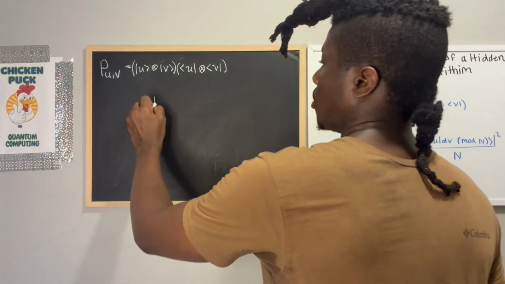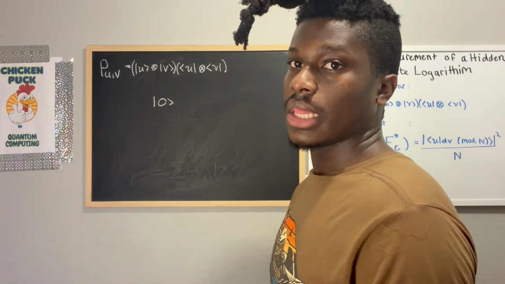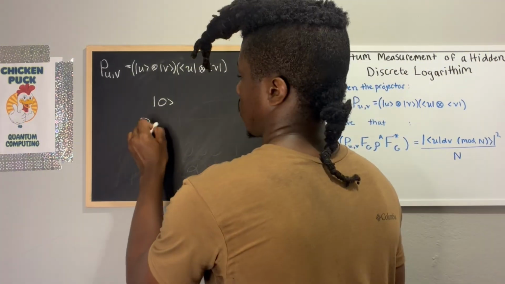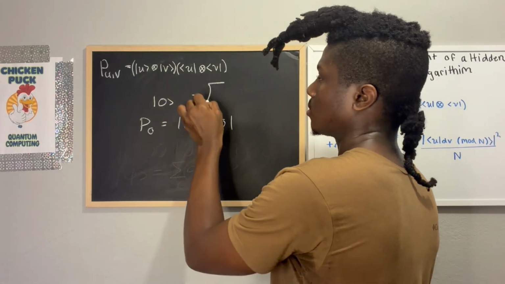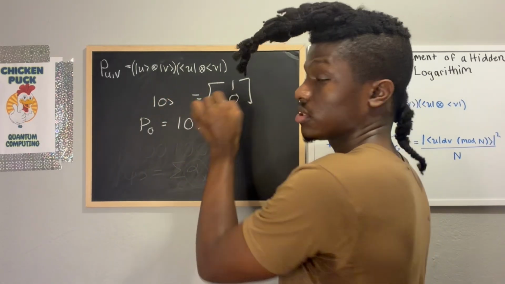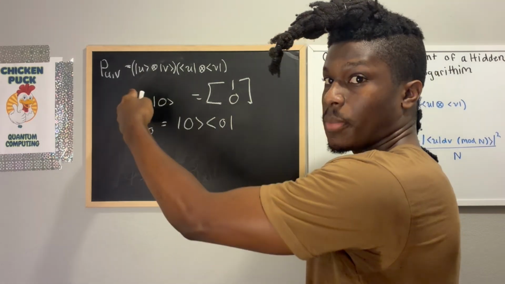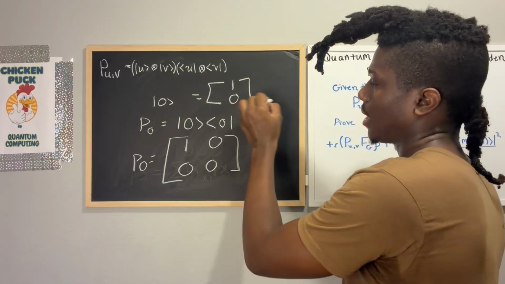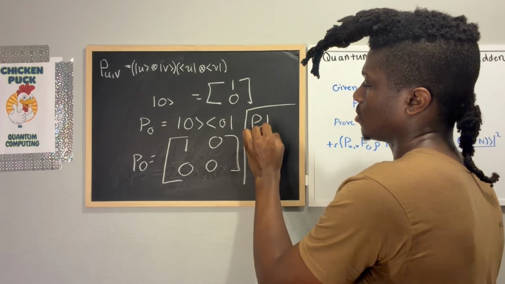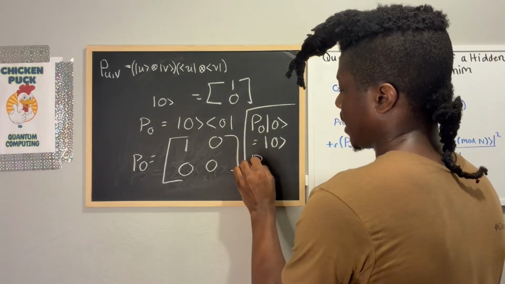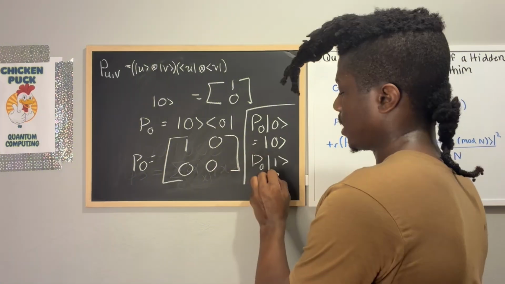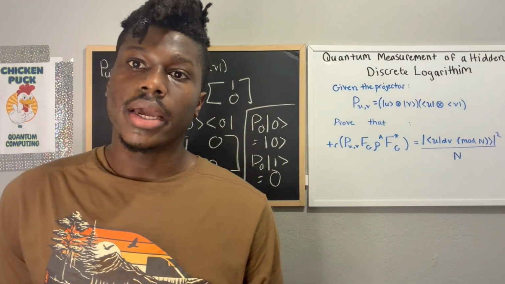If I have ket 0, then the projector onto ket 0 is this. Since ket 0 equals (1, 0), and this is just the top left entry, if we apply P0 to ket 0, we get ket 0. If we apply it to ket 1, we get 0. Okay, let's get back into the problem.